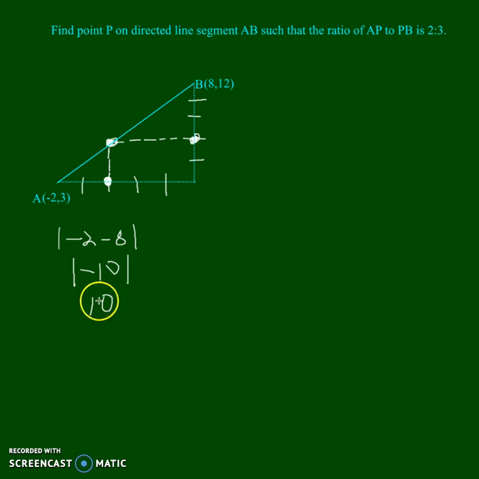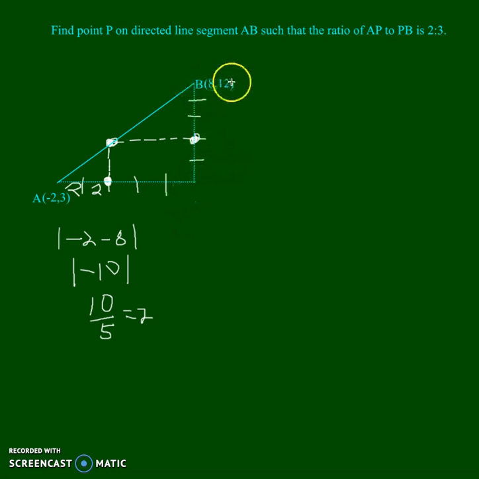So we have a length of 10, and we're going to divide it by 5 total pieces. That's 2 on the left, 3 on the right. So 10 divided by 5 gives us 2. What that means is each one of these pieces is 2 units long. So let's just put a 2 in here and a 2 in here. Now we're going to do the same exact thing for the vertical piece.